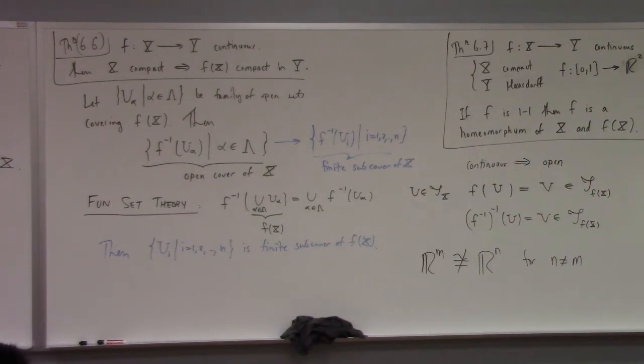For each P in X, there exists an open W containing P such that the closure of W is compact.